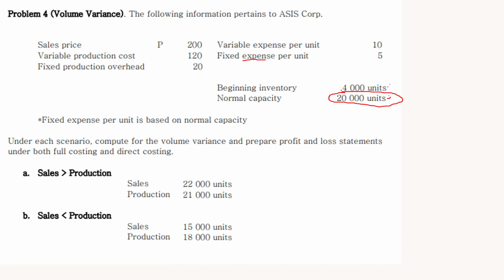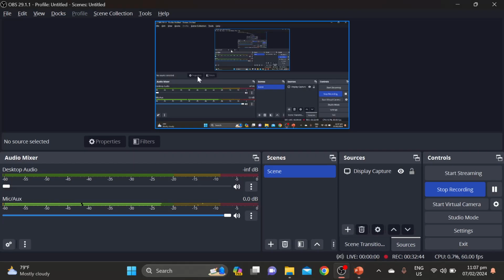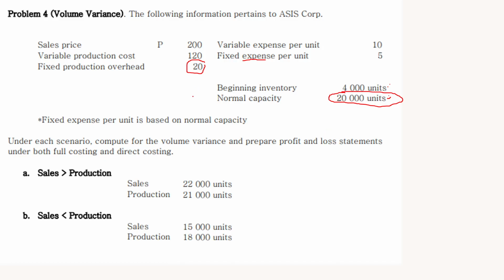Okay? So, wala pa yung production, kailangan na natin mag-allocate ng overhead. In the case of fixed overhead, we know it's 20 pesos. When did we develop this? Before the actual production commence.